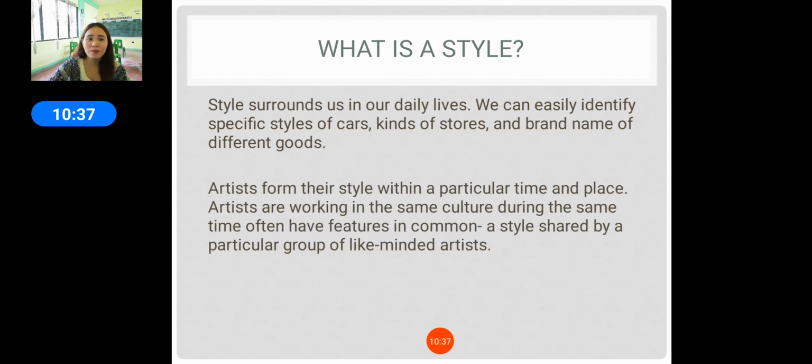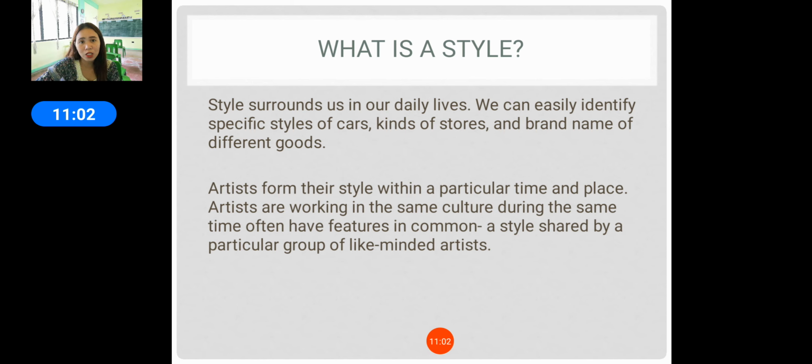Artists form their style within a particular time and place. Artists working in the same culture during the same time often have features in common. That is the style shared by a particular group of like-minded artists. Say for example, I am from a group of artists practicing modern art. My style would also be based on our group's practice.